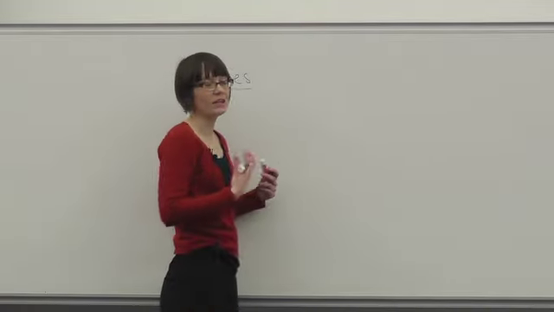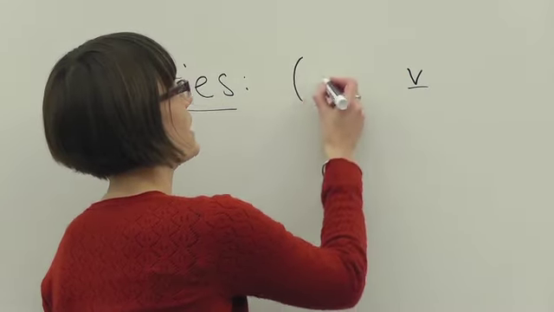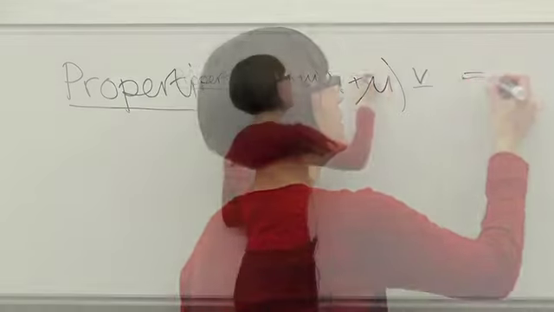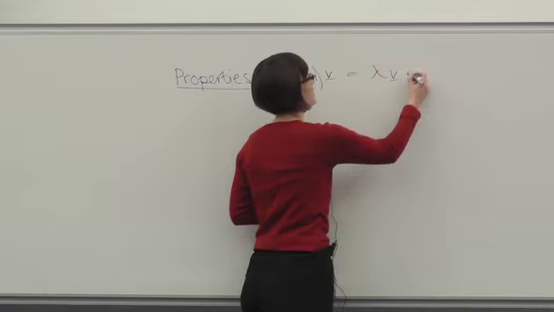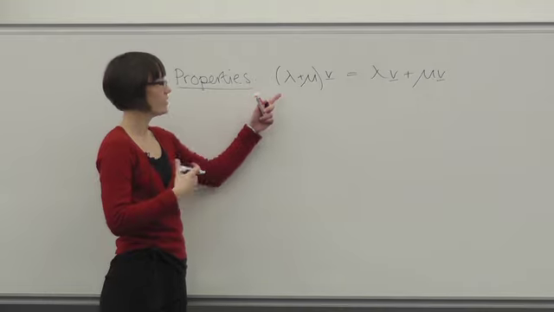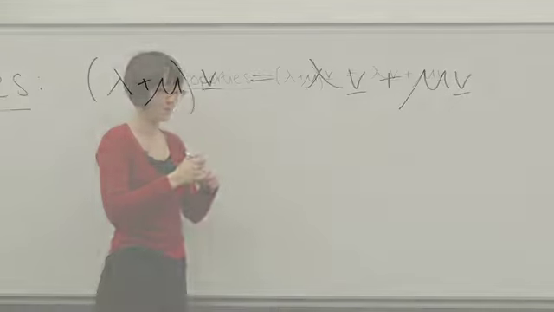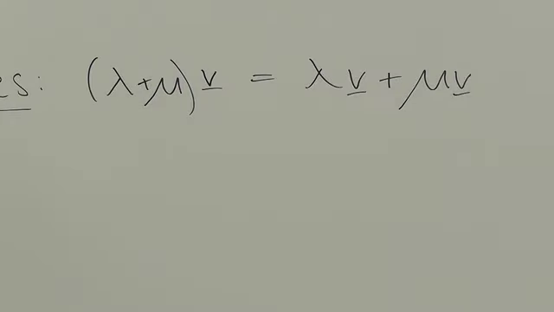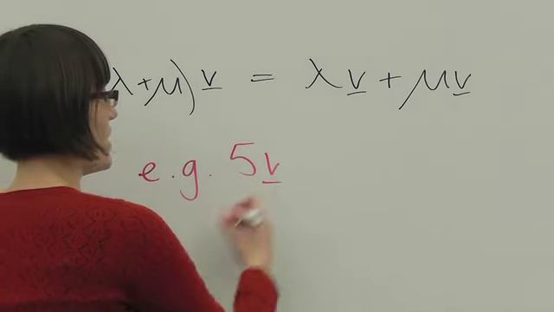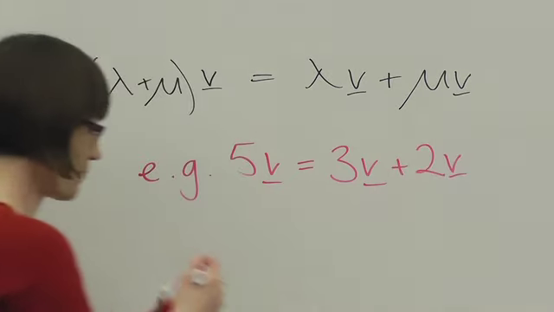To start off with, if I'd like to multiply my vector v by the scalar lambda plus mu, this is always going to be the same as lambda times v plus mu times v. This identity will hold for every scalar lambda and every scalar mu and for every vector v. So for example, 5 times v is always the same as 3 times v plus 2 times v.